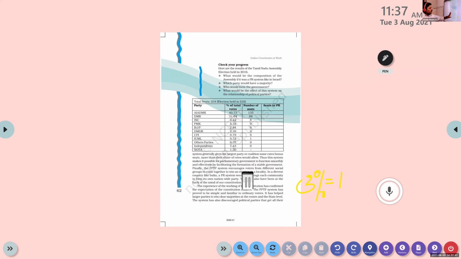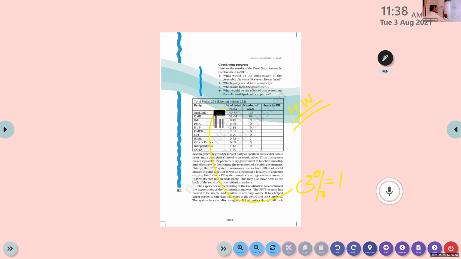For simple understanding, you have to calculate a perfect order for the next class. So homework for you. For simple calculation, I'm asking this. So 3% is equal to 1 seat.